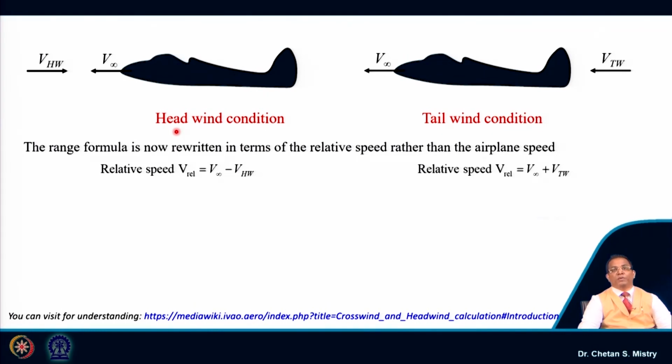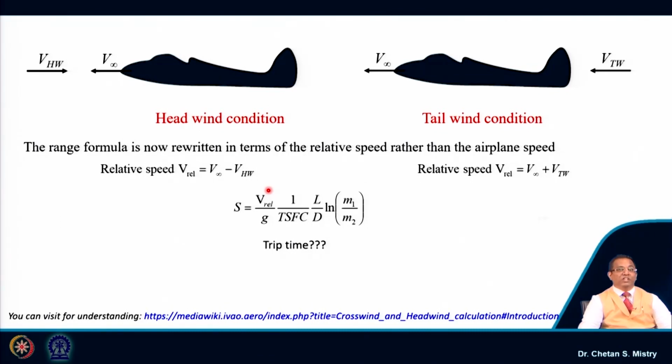Same way, for my tailwind condition, I will have v infinity plus v tailwind. And in my range formula, in place of v infinity, I will have the relative velocity component.